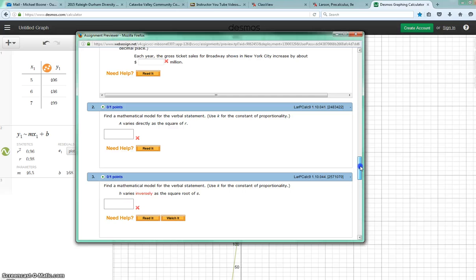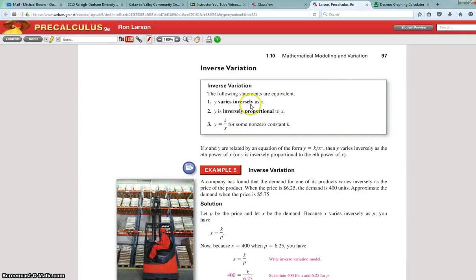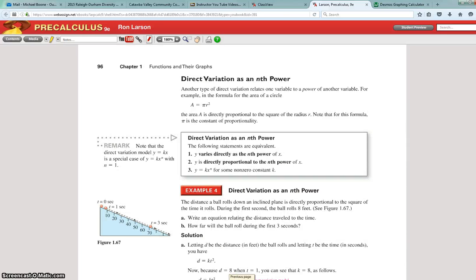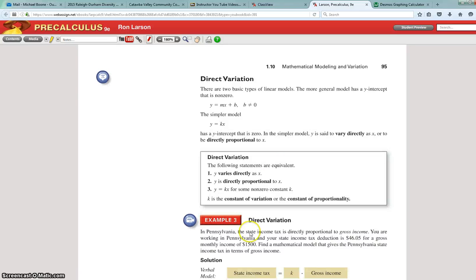They also talk about direct variation and inverse variation. And there's some spots in the book, like for inverse variation, this is your basic y equals k over x. For direct variation, it's a form of a linear equation, or it can be. So it's this nice, simple y equals kx.